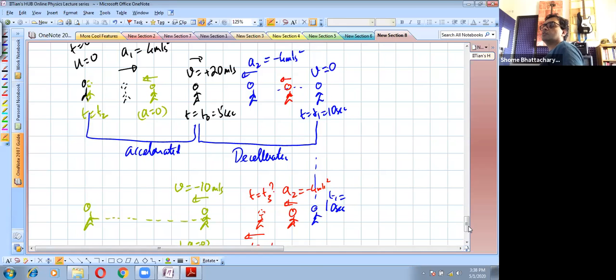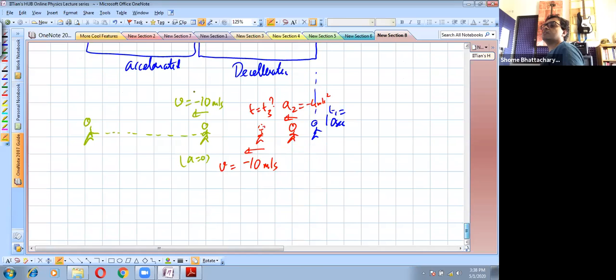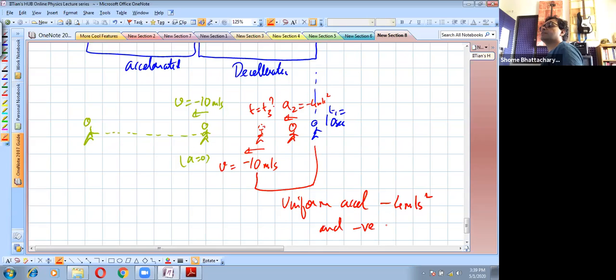So the first part was accelerated, the second part is decelerated. Now for the next part, his acceleration is minus 4. During this part he's having uniform acceleration of minus 4 meters per second square, and negative displacement.